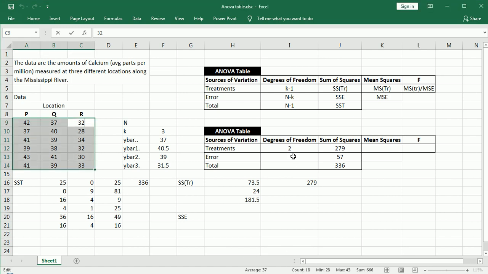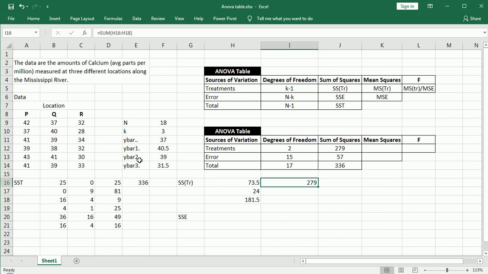The error degrees of freedom, n minus k, is 15. And the total degrees of freedom is n minus 1, or the sum of these two. So that's 17, right? Okay, so we're filling out the ANOVA table.